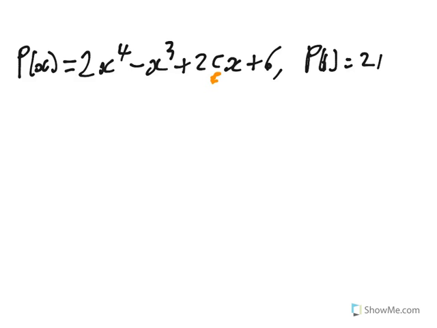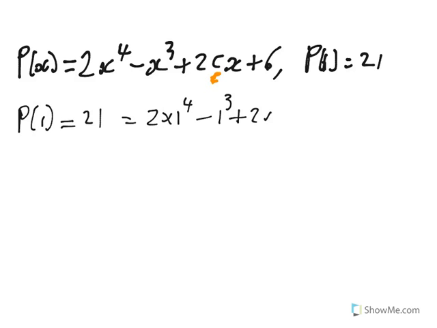So we need to substitute p of 1. So p of 1, which is 21, equals 2 times 1 to the 4 minus 1 cubed plus 2 times c times 1 plus 6.